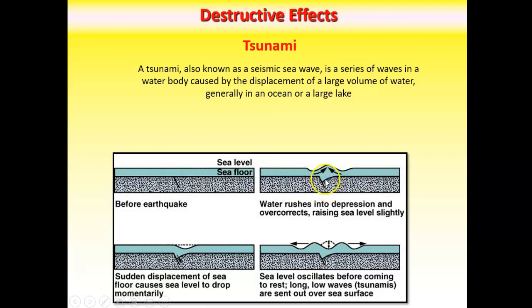So motion up and down, and what that does is uplift a water column and causes a large wave to be generated, which moves away from where the earthquake occurred or the uplift occurred. And so then we see this wave generating and moving away from the source toward land typically.